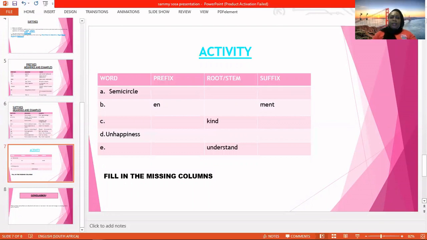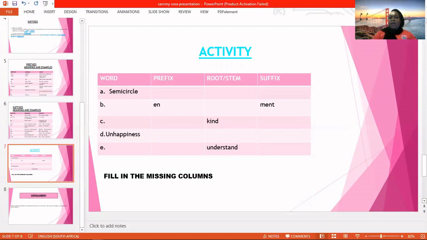Then we have unhappiness. Prefix un, root happy, and our suffix ness. Then we look at E, understand.